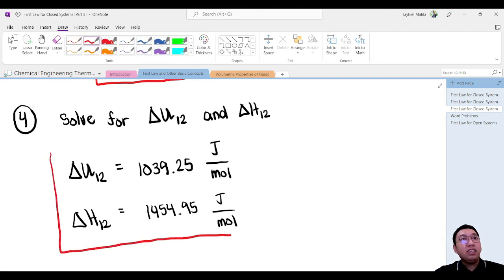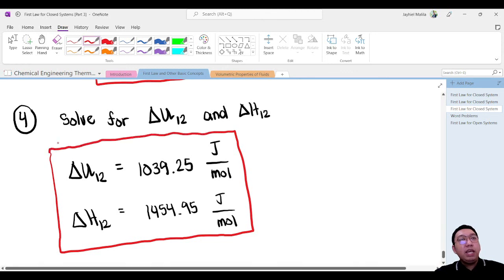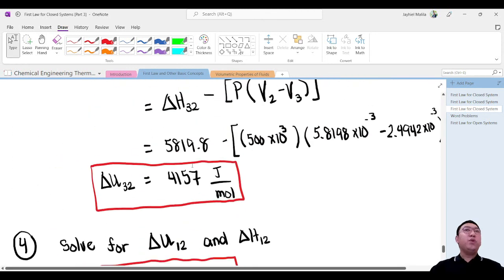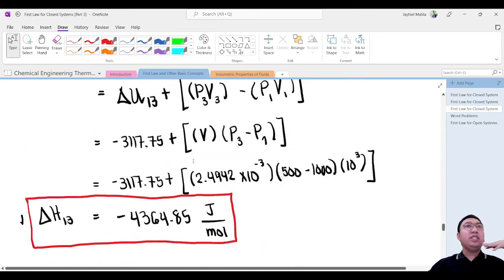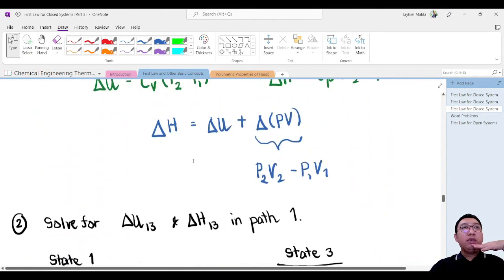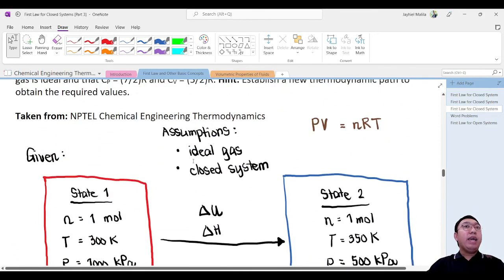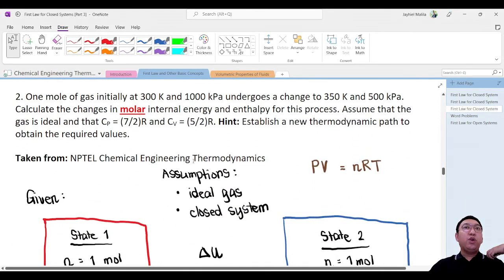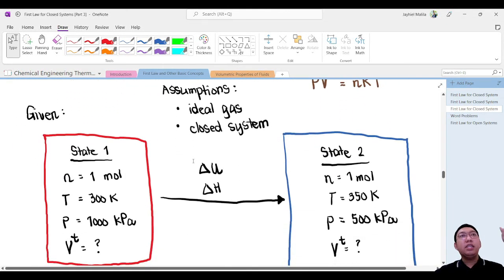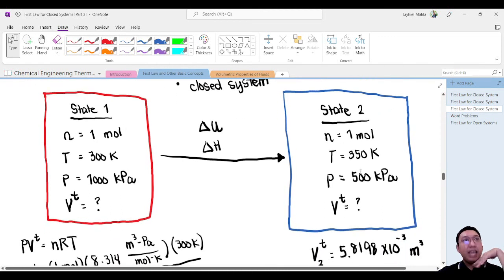Very easy, right? What is not easy here is you not being able to think that, oh, we can create a path. So it's your learning for this one. It's a very important learning for this word problem. I am free to choose whatever path I want, because as long as I reach the same state, I will get the same answer for these state functions.